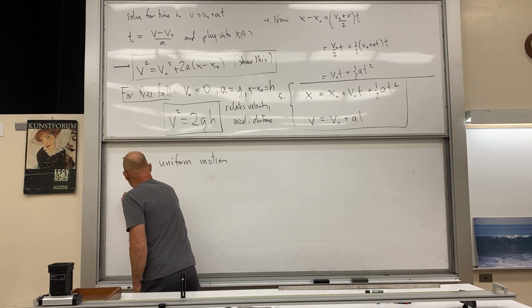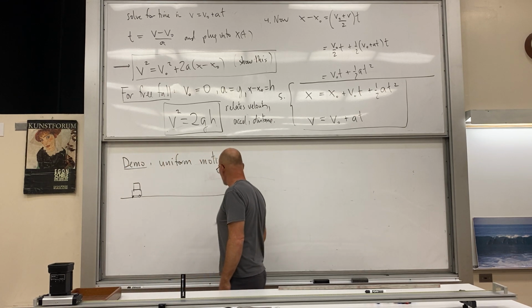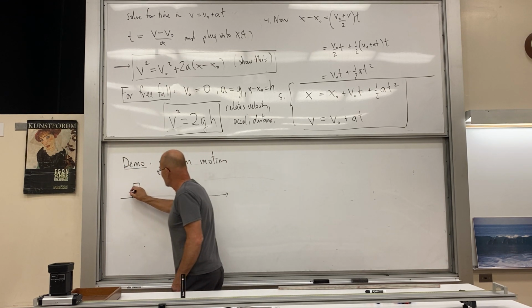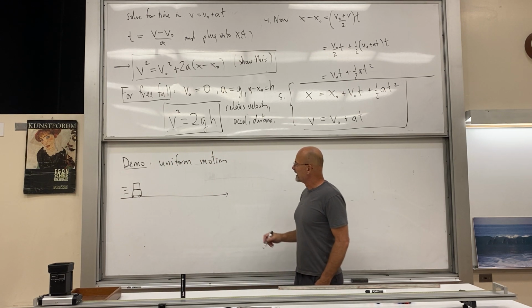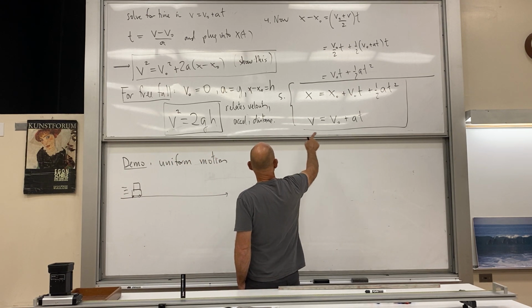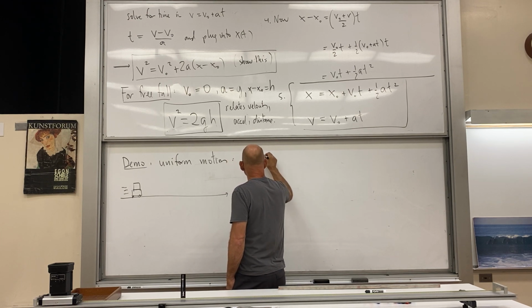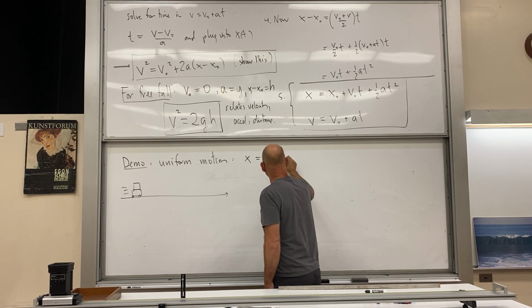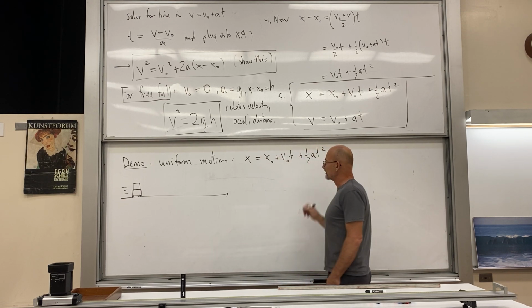And just so we have my track here, I've got a car, got a little tower on it, that's going to come into play as well. And it's moving here from left to right. Now what about uniform motion? There's a formula for it. We can take this x equals x0 plus v0t plus half acceleration t squared.